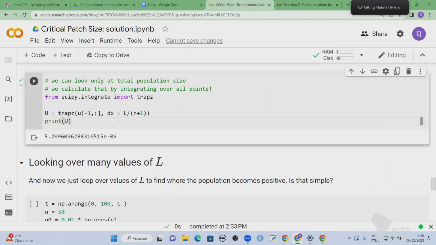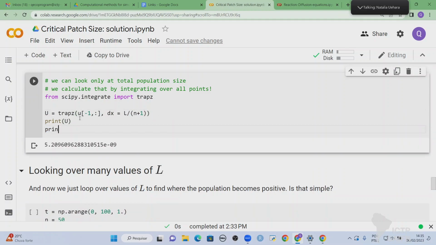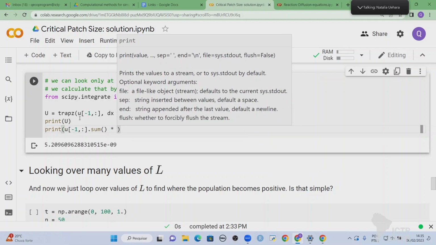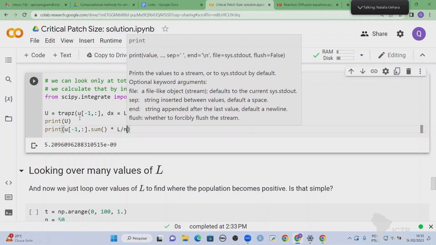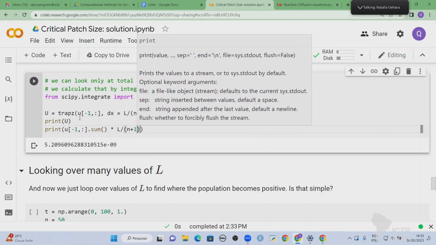So the other thing you could do here is print U minus 1, summing all the values, and multiply this by delta x, that is L divided by m plus 1.